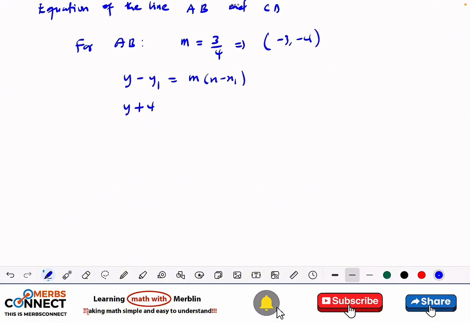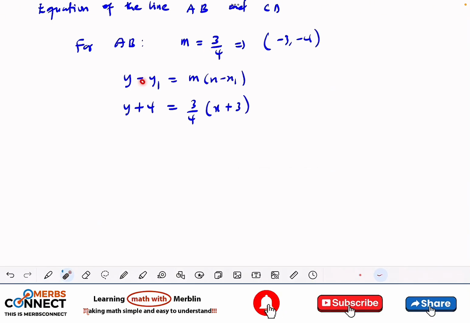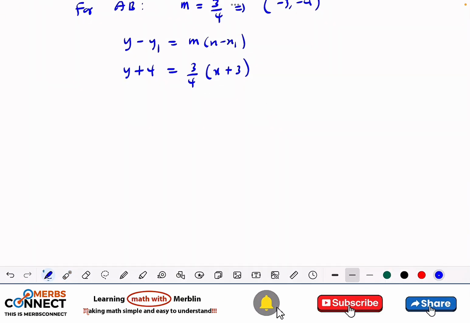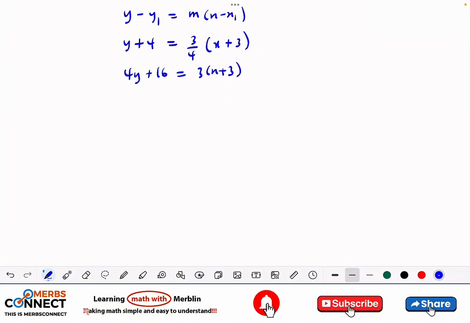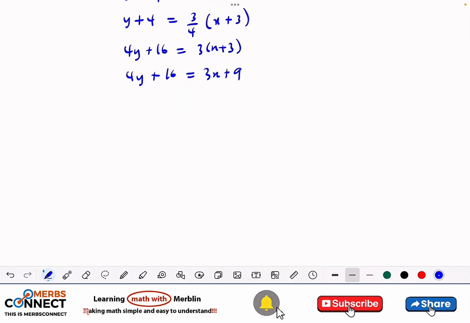So it will be y plus 4 equals 3 over 4 times x plus 3, right? So minus 4 will be plus, minus 3 will be plus. So let's just try and simplify this. Multiply through by 4: 4y plus 16 is equal to 3x plus 9, and then 4y minus 3x is equal to 9 minus 16.